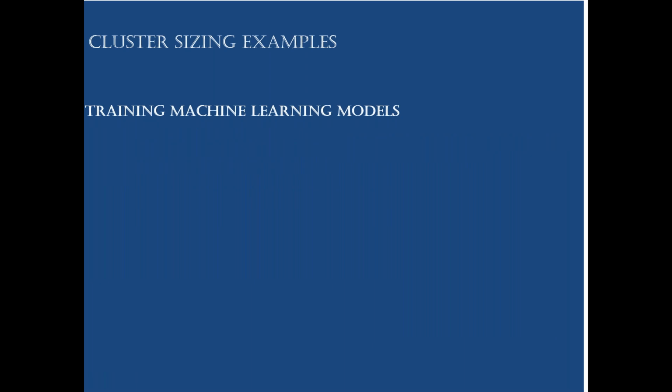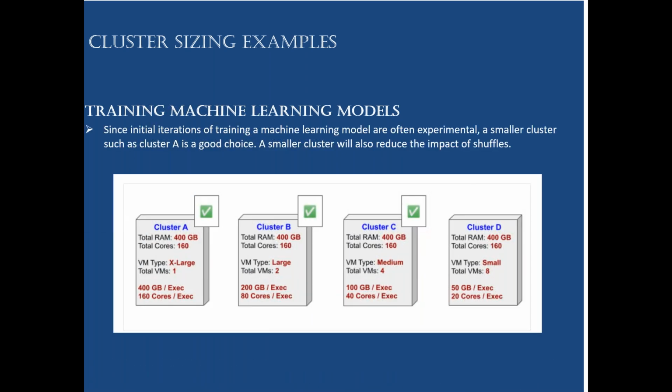For machine learning, if you want to train machine learning models, you need to go with the highest, try to take a very big machine. If that is not available, take large, then medium. Ultimately, from all these cluster sizing examples, what you have to understand is to take a minimum number of nodes which have more memory and more cores, instead of multiple virtual machines with few cores and few GB.